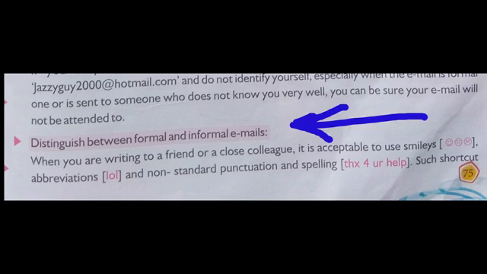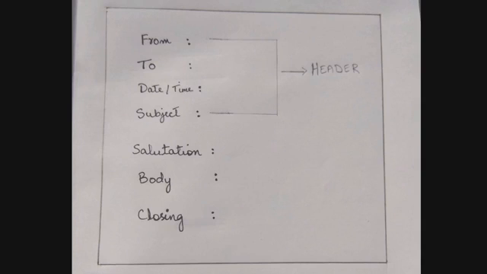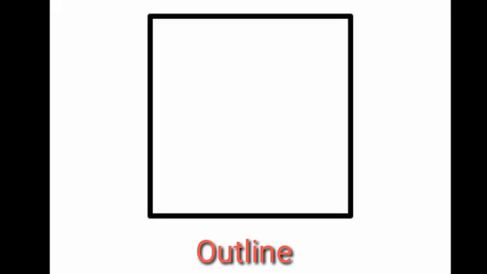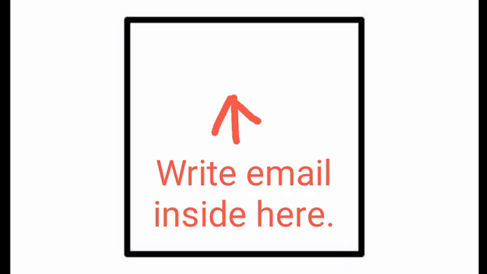So with that being understood, we will head on to the next part, which is the format of an email. Now, like every writing in English, you have to make an outline. You have to make an outline with pencil and write the content of the email within the box.